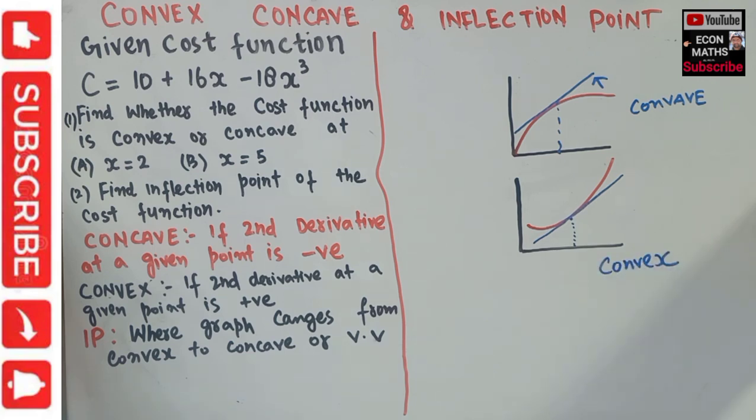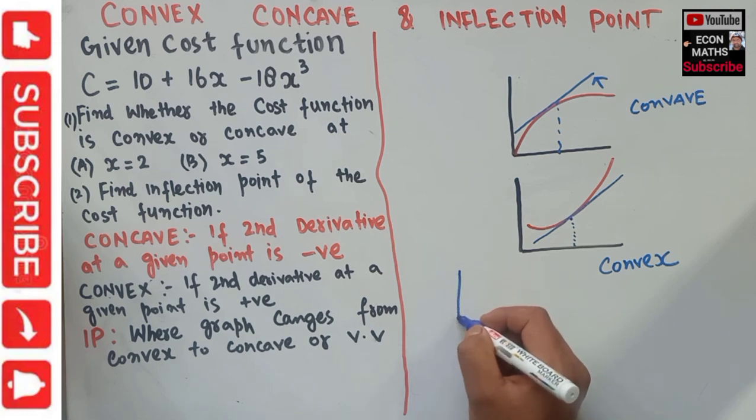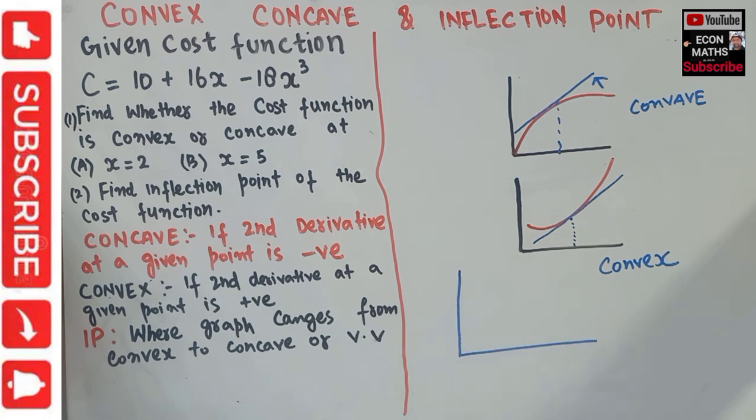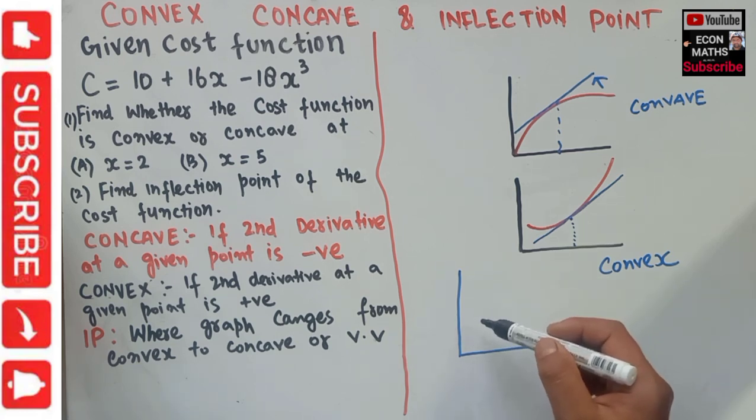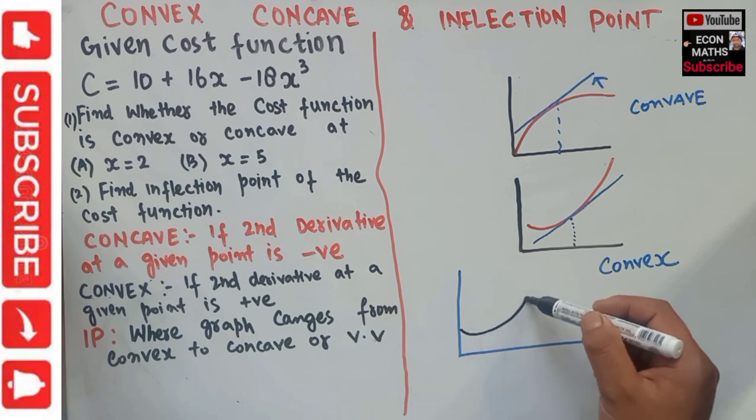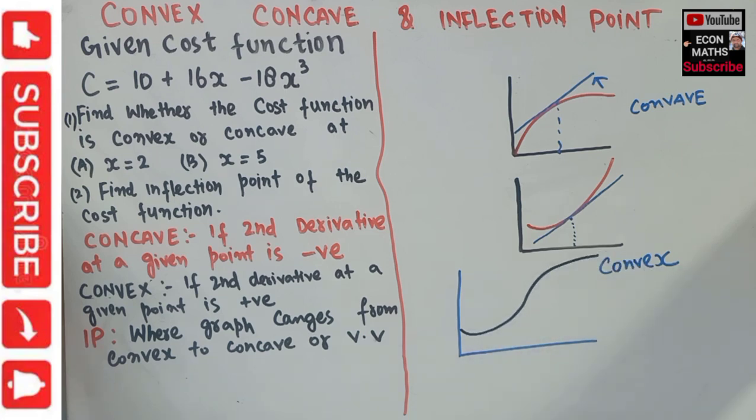And third is the inflection point. Let me draw this kind of graph. An inflection point is a point where the function changes its concavity or convexity.